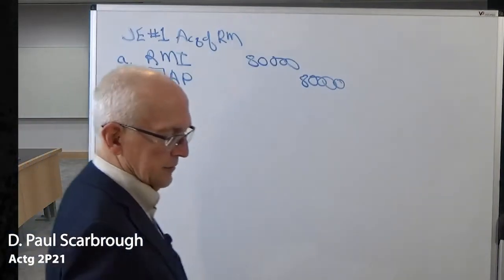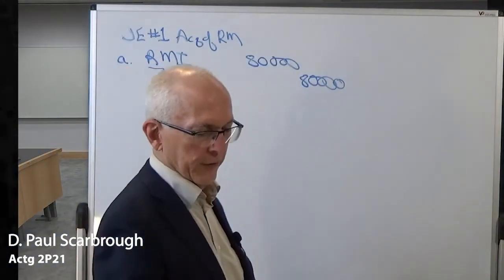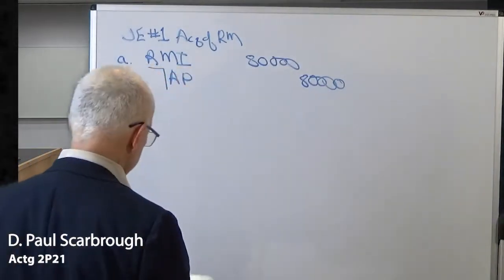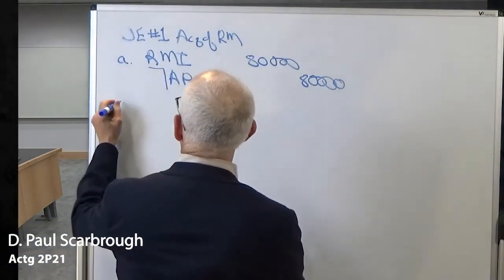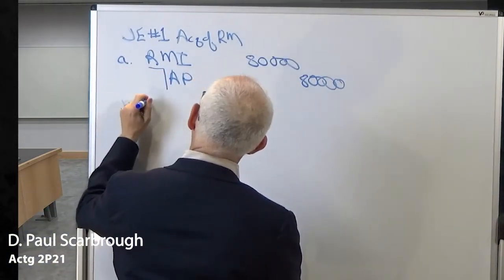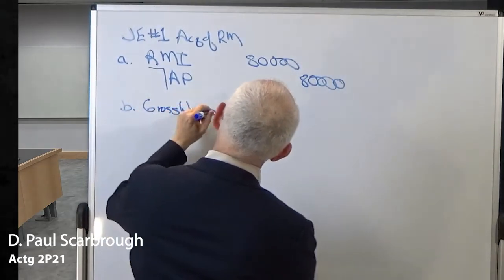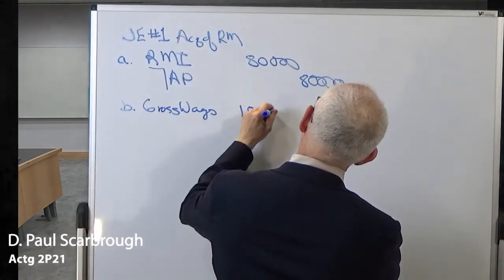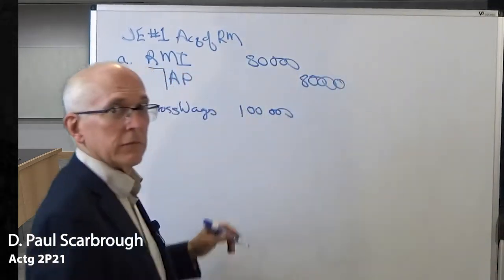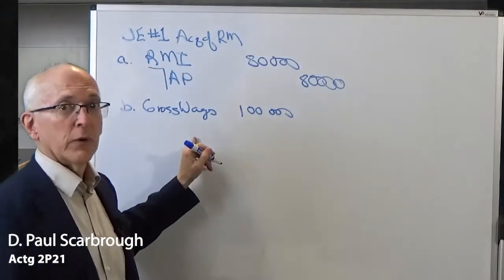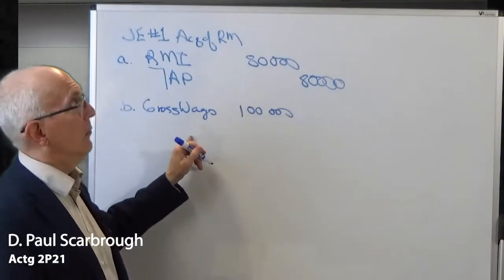What we have is $100,000 gross wages. So we can put that down at first. This is B. Okay. So this is what we owe our employees based on their hourly rates.